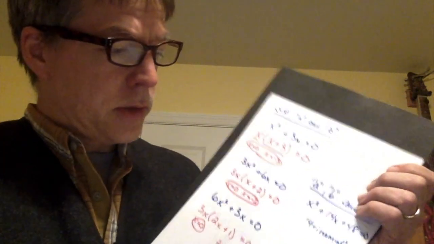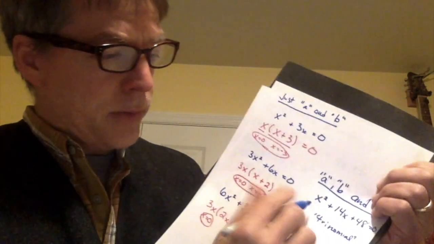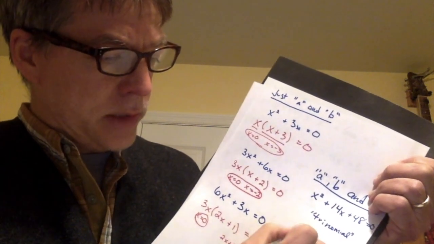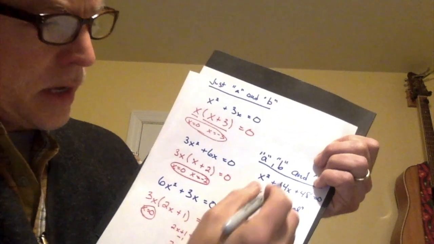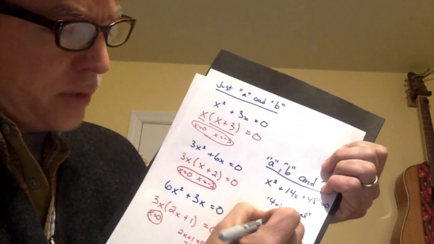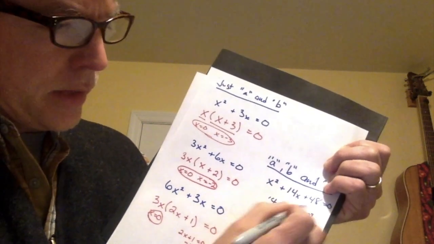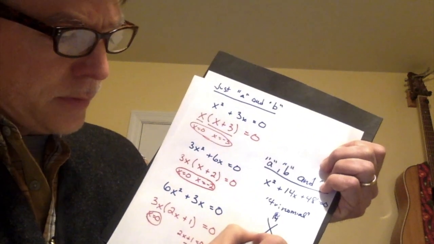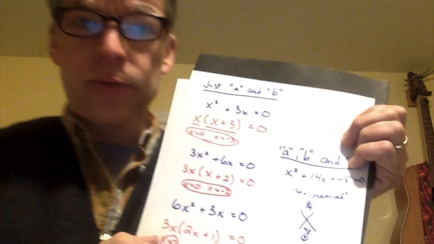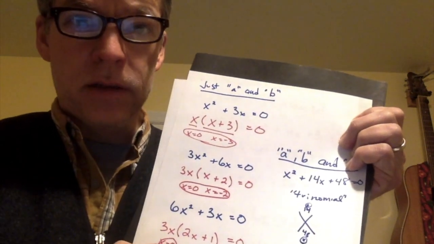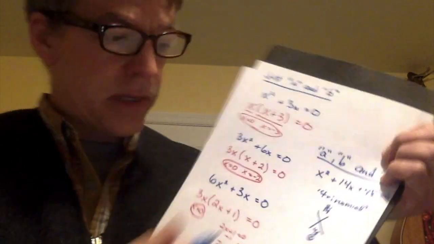Okay, so I'm going to do my little X method here. I've got 14. They have to add to 14, and they have to multiply to 48. So what numbers add to 14 and multiply to 48?